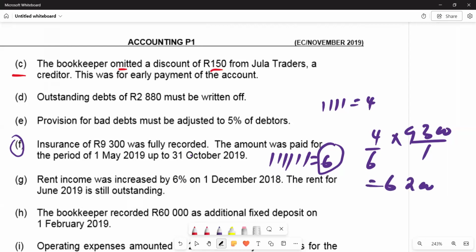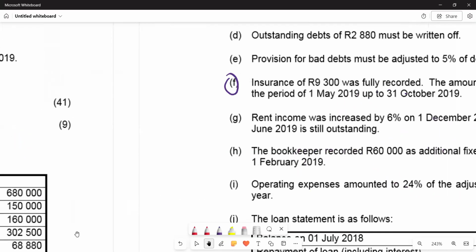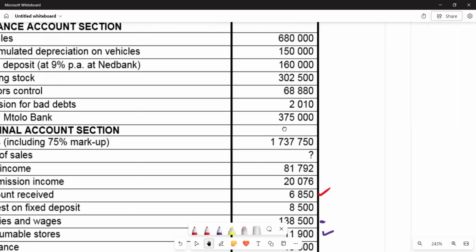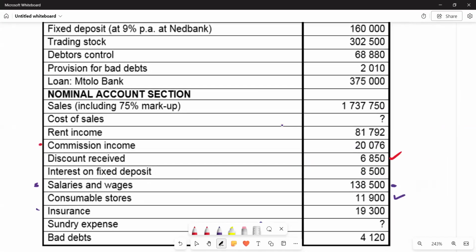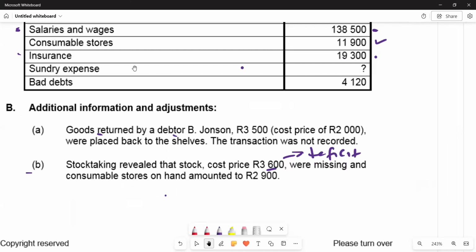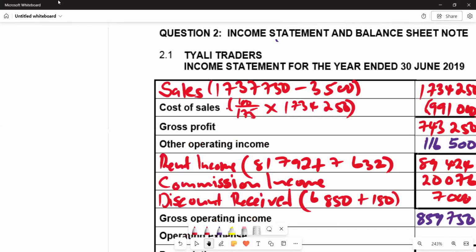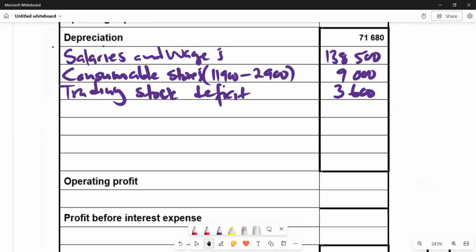So this 6,200 should be removed because it is for the months that are outside of the financial year. In other words, this is a prepayment, or a payment in advance. So we need to remove it from the figure for insurance that we are given in the list of balances. You're just going to subtract 6,200 from the figure for insurance, that is 19,300 here. As simple as that. As we calculate it, let's go to the other section. So we are now saying insurance.